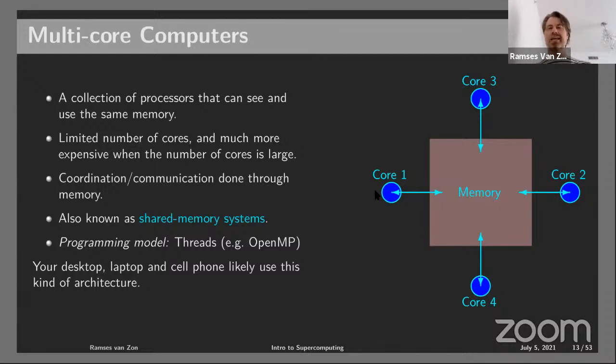And that at some point breaks. It no longer is feasible to do that in an efficient or cost-effective way. So you find that the number of cores that you can run in a multi-core computer is limited.